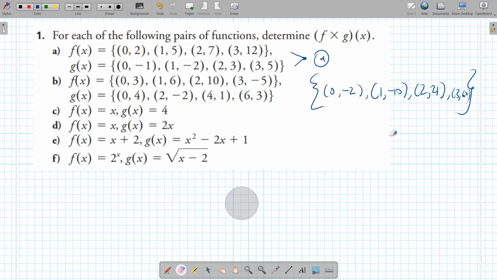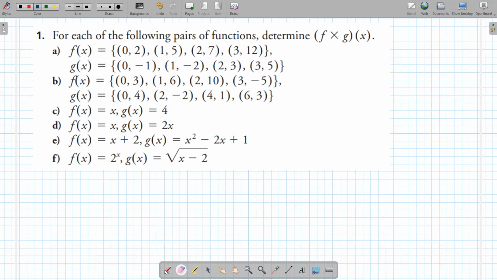Okay, let's look at b. 1 comma 6 exists in F, does not exist in G. Can we delete this? Yes, it's gone. 1 comma 6 is gone. What about 4 comma 1?